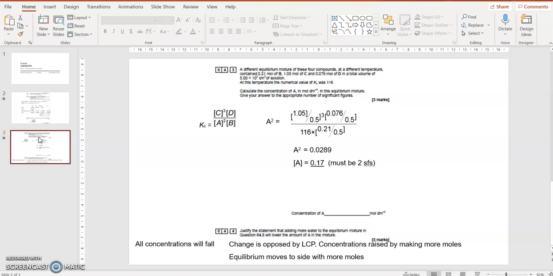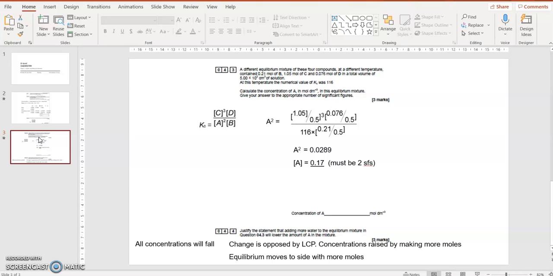Justify the statement that adding more water to the equilibrium mixture in question 4.3 will lower the amount of A in the mixture. This is a tricky one, this is a nasty one. So if I lower the concentrations of everything, Le Chatelier's principle opposes that change, and it tries to raise the concentrations of everything really.